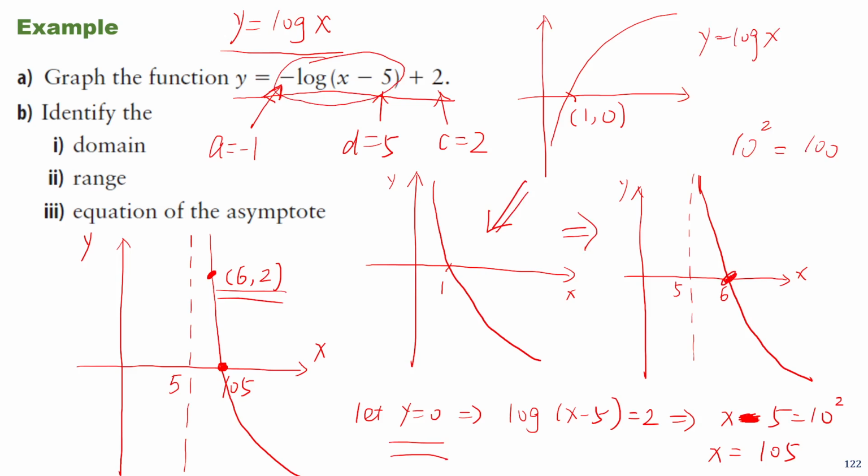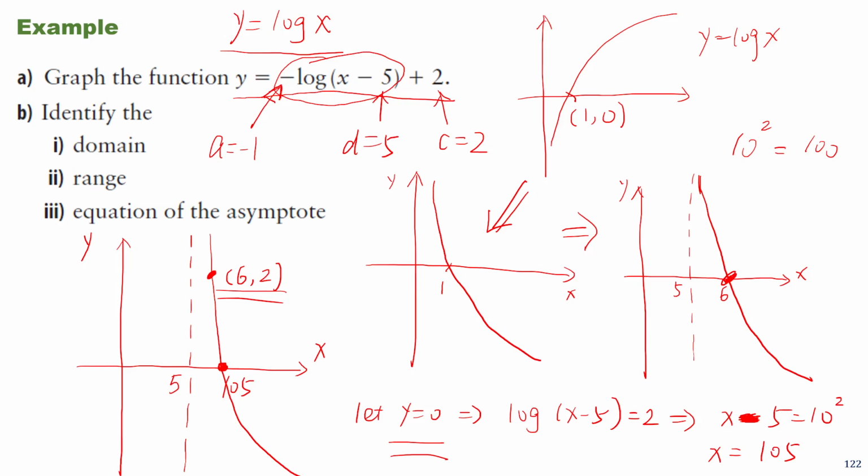Okay, so if you know the graph of this function, basically you know everything, right? Of course, to this particular question, without the graph, you could also analyze this domain, range, and equation of asymptote, right? So according to the graph, or according to the expression itself, we know the domain.